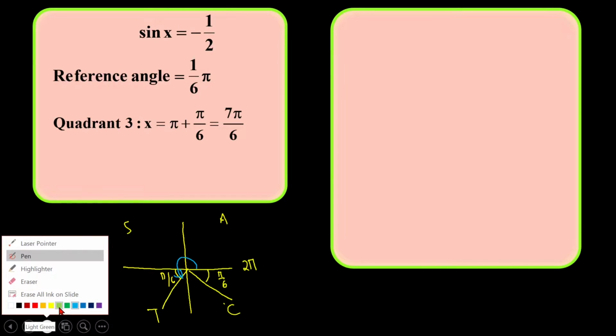Now the next one is quadrant 4. Let me change color again. For the next one, I want quadrant 4. So quadrant 4 will be from here until there. The reference line is 2 pi.